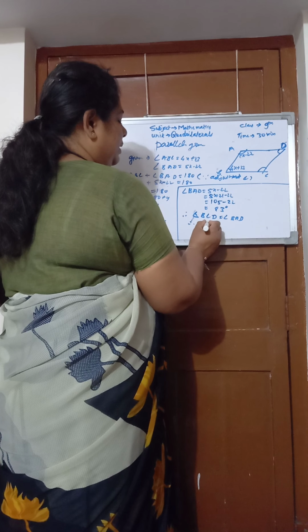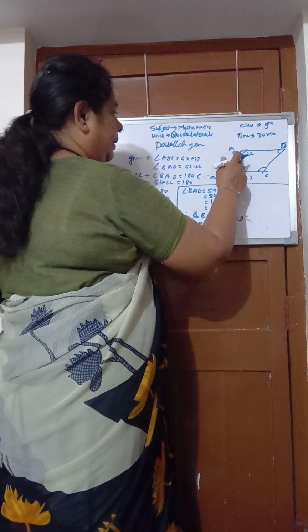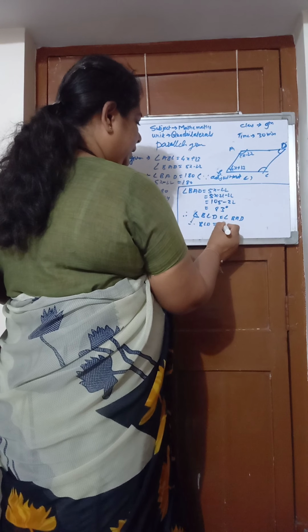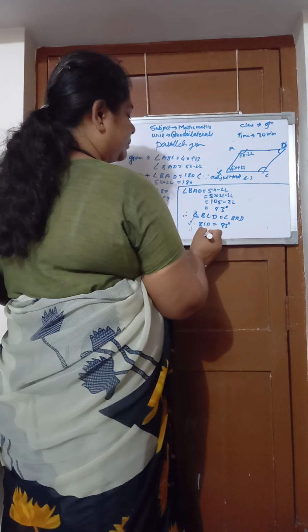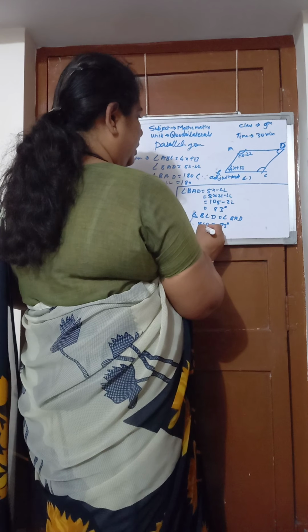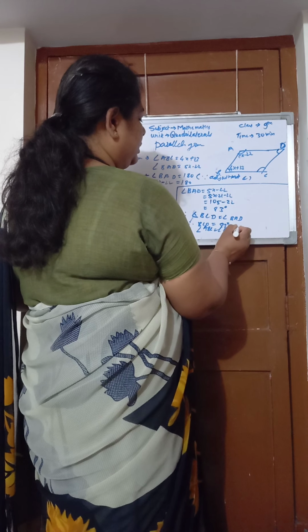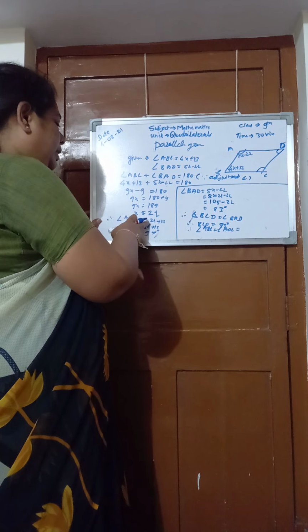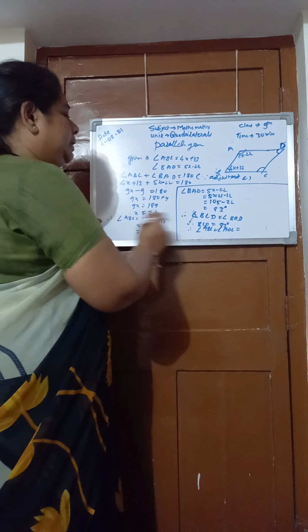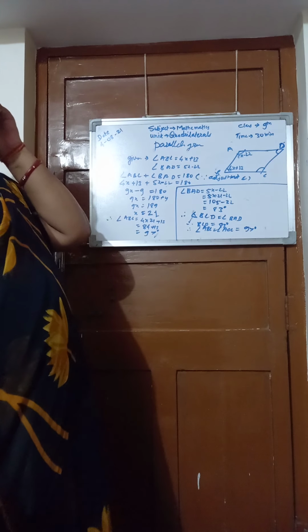Therefore, BCD equal to 5x minus 22, that is 83 degree, and angle ABC equal to angle ADC equal to 4x plus 13. Therefore, its value will be 97 degree. Got it up to this?